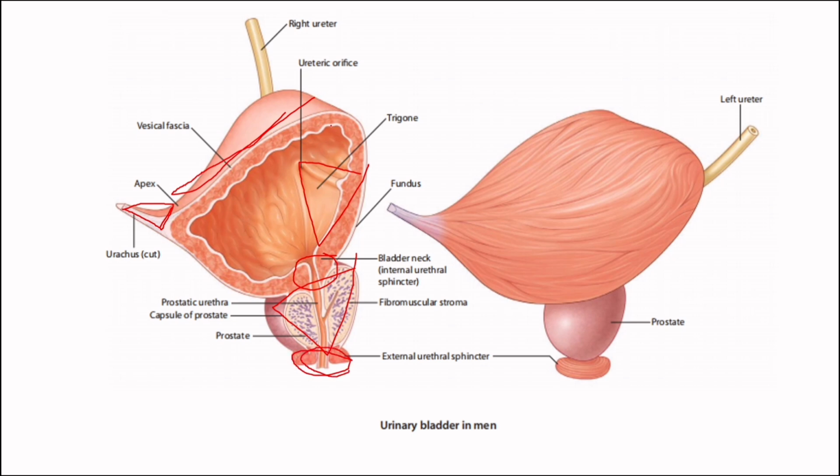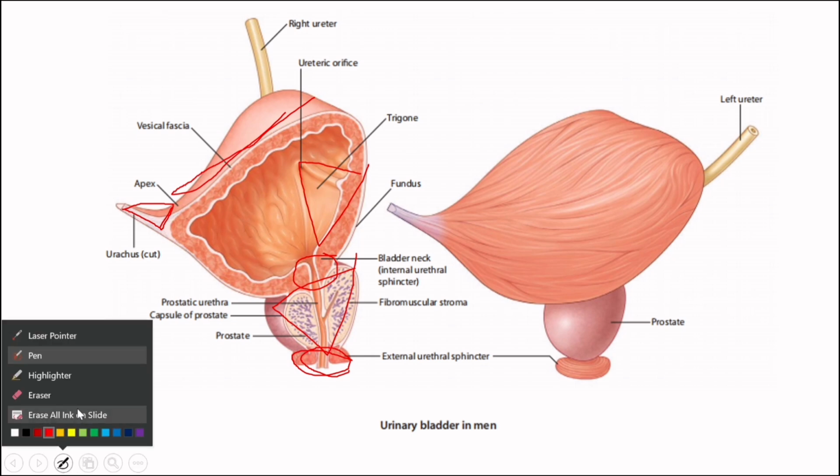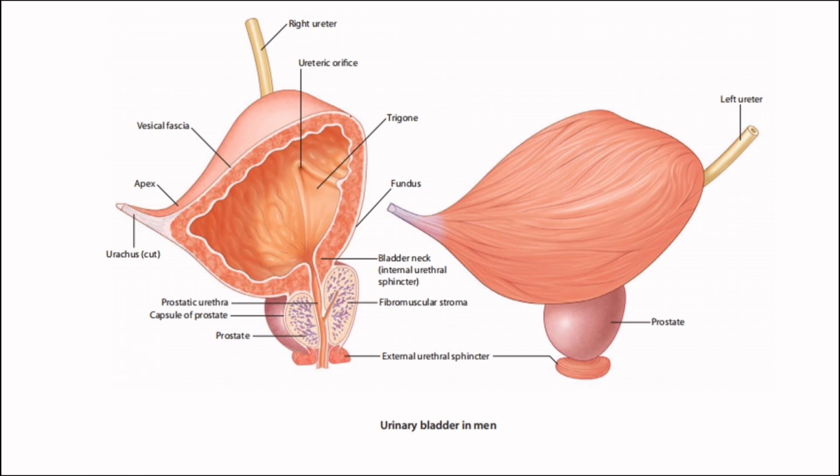The muscle which composes the bladder is called the detrusor muscle. It's a smooth muscle. The bladder has rugae, these folds, on its interior surface, except the base of the bladder, which forms a trigone. It's the only part which is smooth.